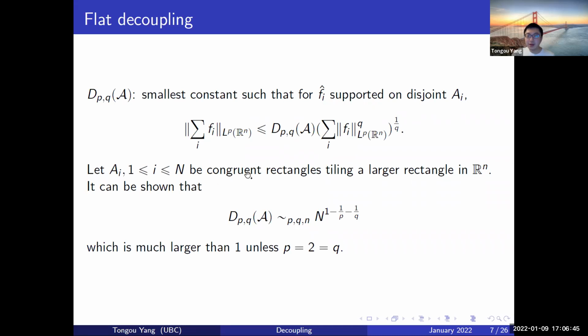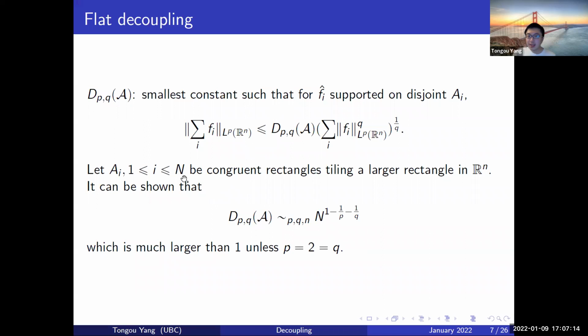We let them be congruent rectangles tiling a larger rectangle in R^n. By some scaling invariance, you could always assume they are squares. It can be shown that the decoupling constant with respect to this family is comparable to N to this power. And we know that N to this power is much larger than 1 unless both p and q are equal to 2.